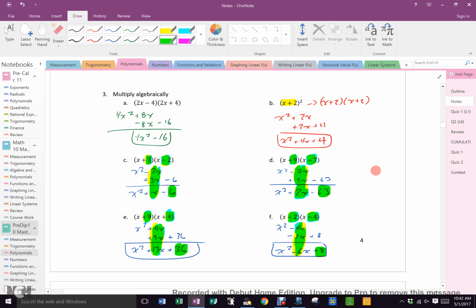Okay. Now, what about what I am highlighting in green? What do you notice about what's green? They multiply.